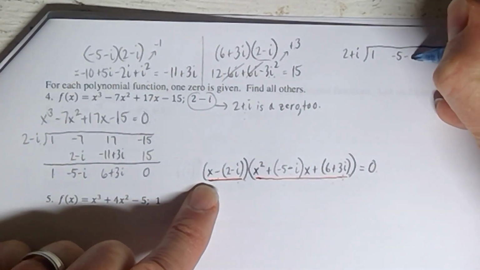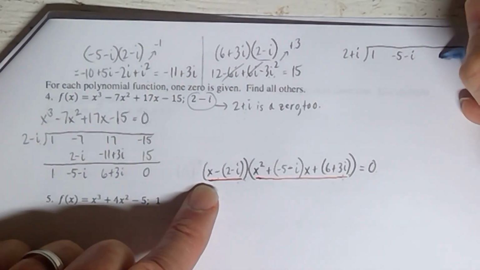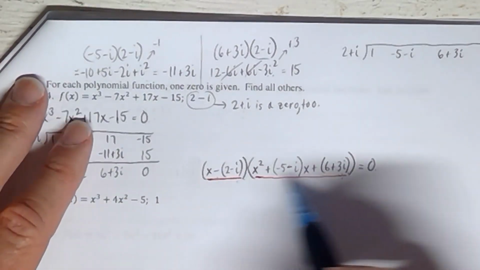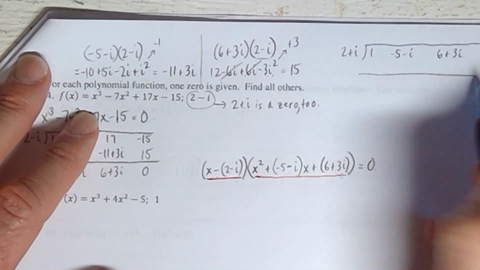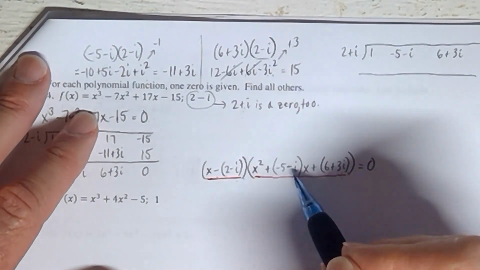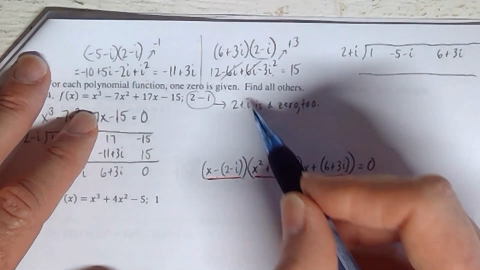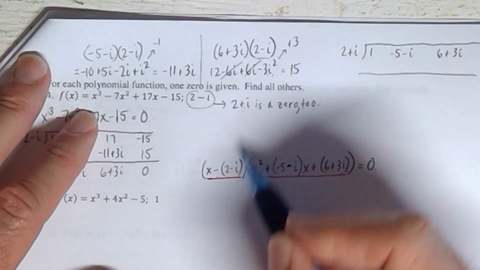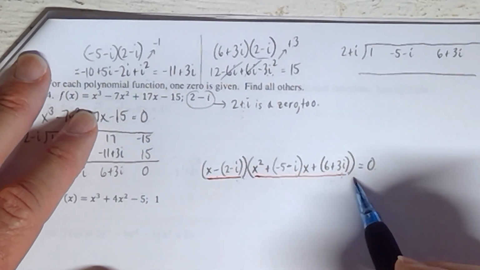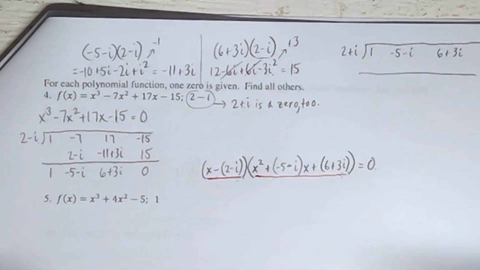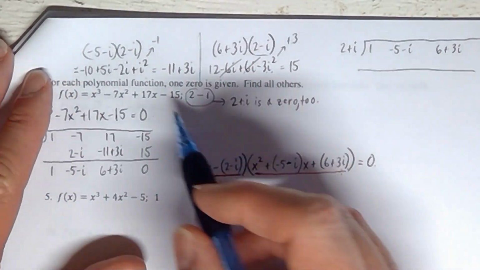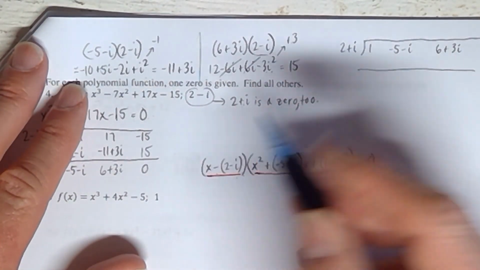I need to break this thing down to linear factors, like I said, because you can't set the quadratic factor equal to 0 in this case because of the i's. All right. So because I know that 2 plus i is a 0, and since this number here doesn't make this factor equal to 0, it must make this one. It has to make one of your factors equal to 0 at least in order to be a 0 of the entire function, which we know it is.